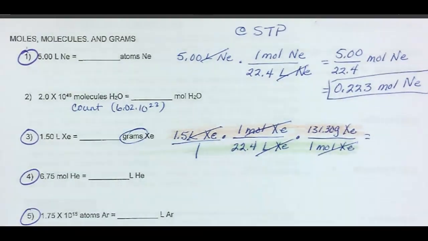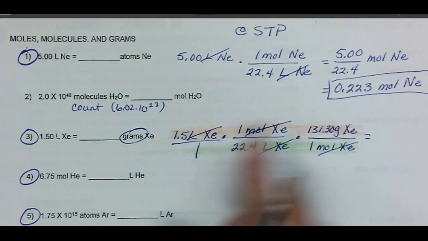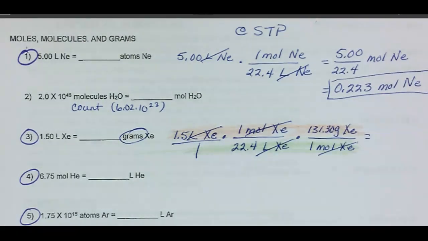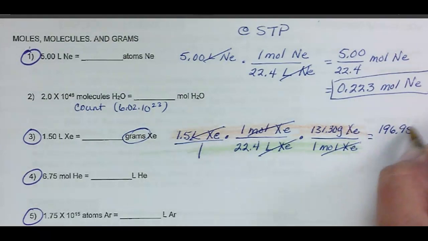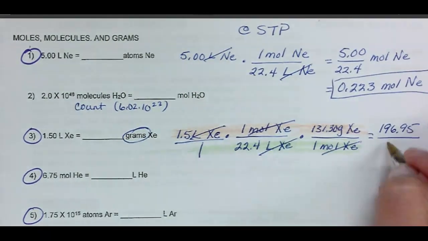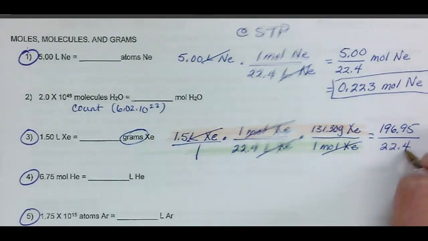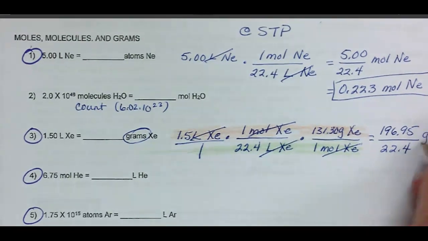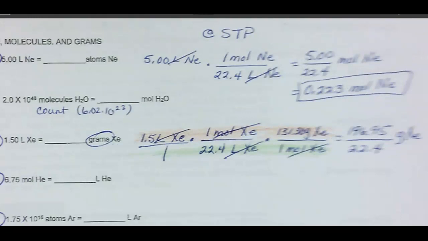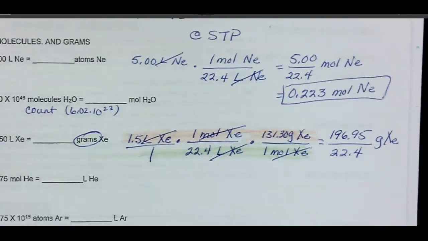So I need 1.5 times 131.3. So this is 196.95. I multiply across the denominator, I get 22.4. When I look at all my labels, everything's canceled except now I have grams of xenon. And then we're just going to divide that out.